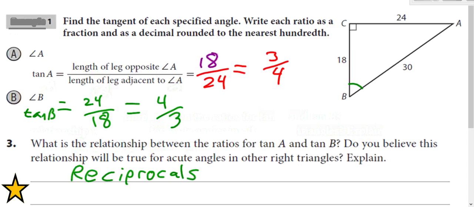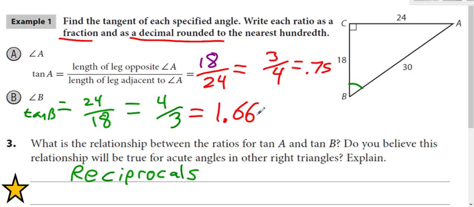Oh, up here we forgot, it also says write as a fraction and a decimal. As a decimal, that's 0.75. As a decimal, that is 1.333. Oh, it says 100. Erase one of those threes.